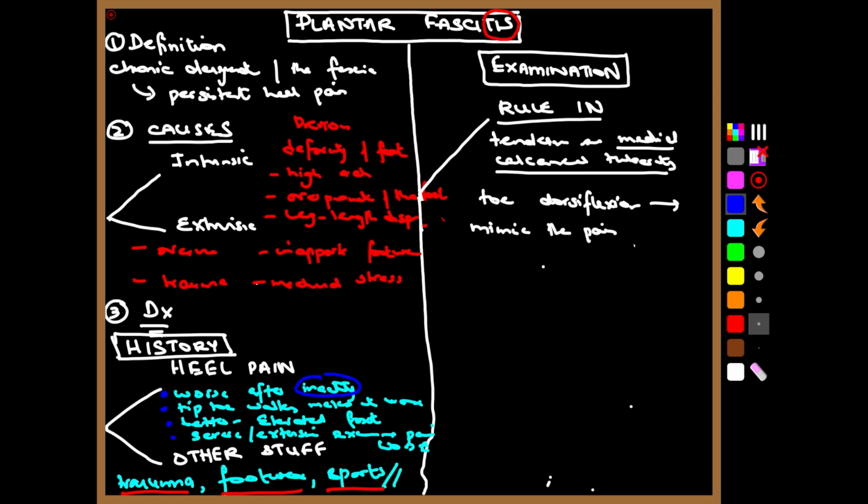So we've got two very simple tests to simply get ourselves down to the right diagnosis. Tenderness over the medial calcanean tuberosity and toe dorsiflexion will mimic the pain. What else can we do to rule it in?